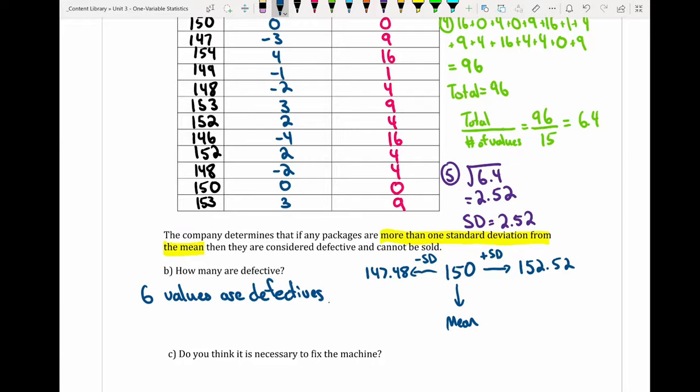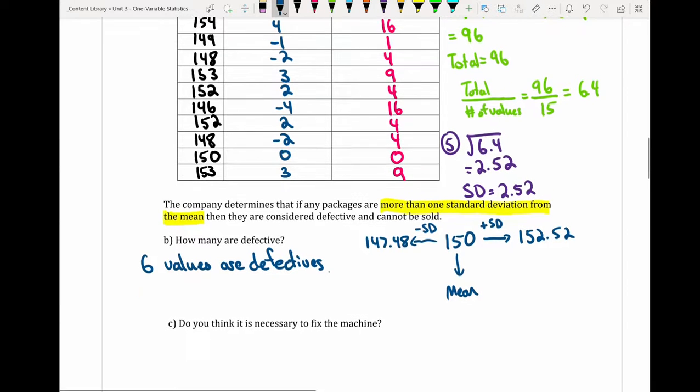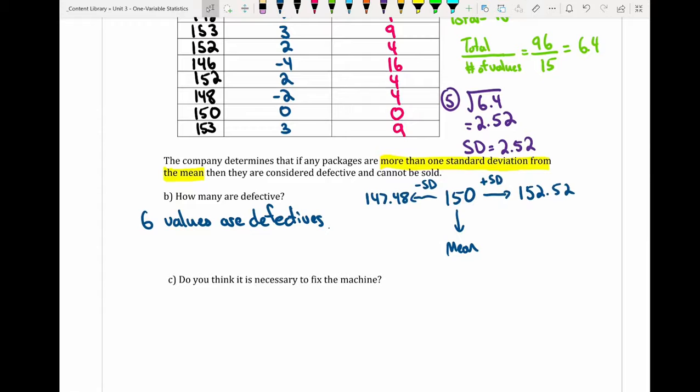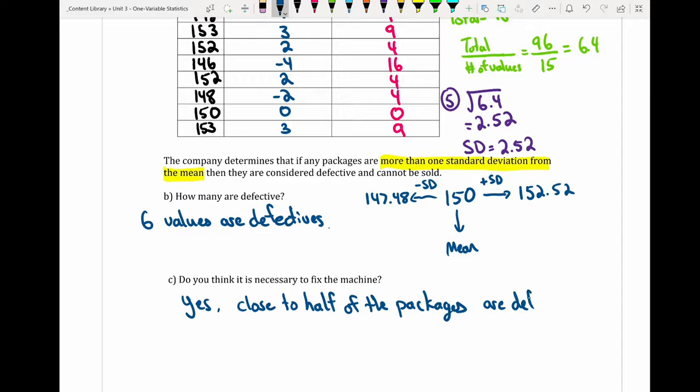So then we come down to: do you think it's necessary to fix the machine? And I would say, based on what we found, yes. Because close to half of the packages are defective.